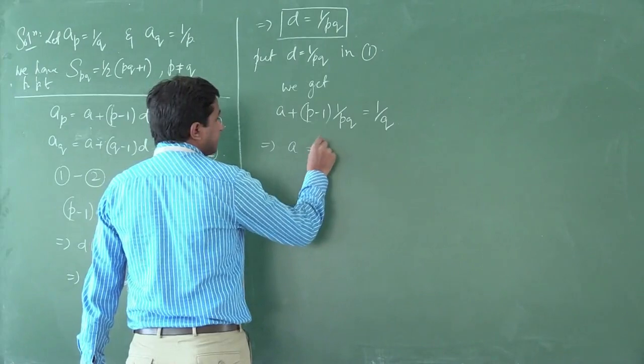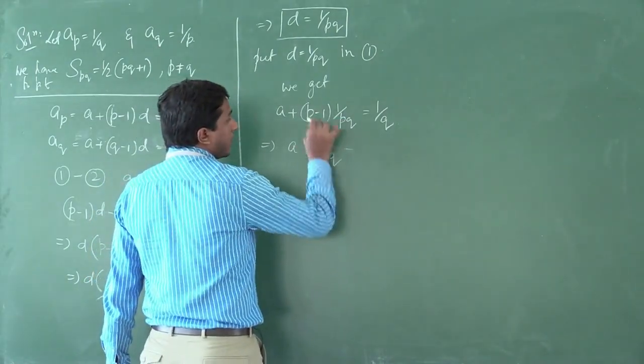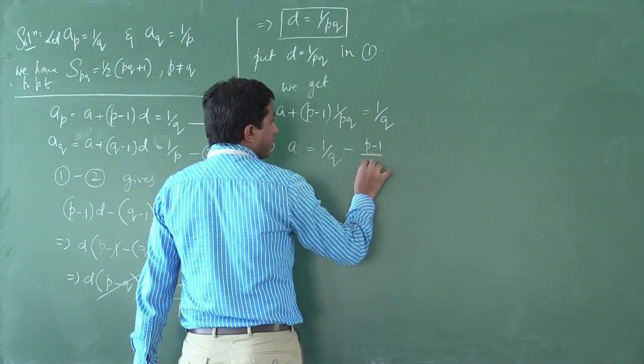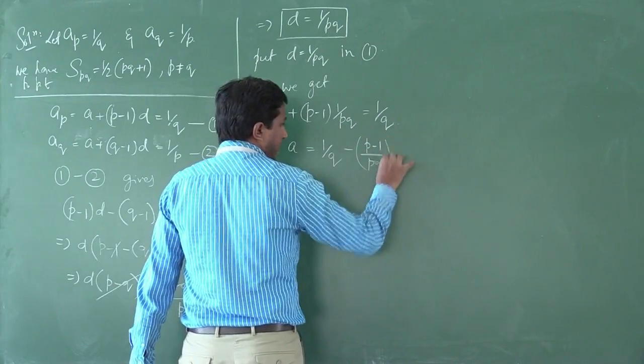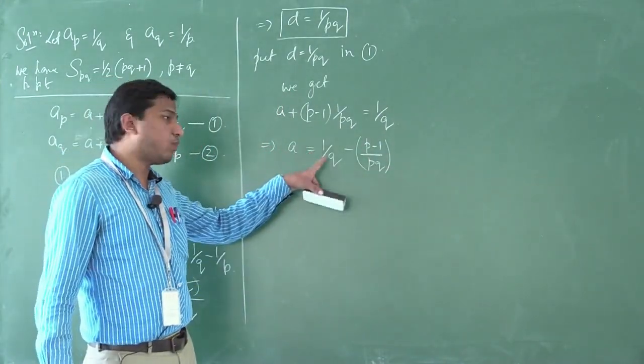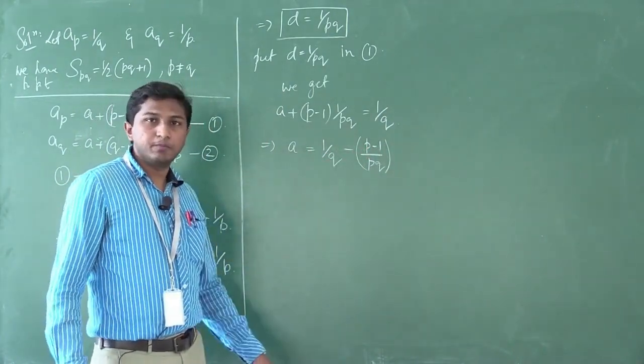What happens? I get 1 by q minus, plus becomes minus, p minus 1 by pq. So I get a equals 1 by q minus p minus 1 by pq.